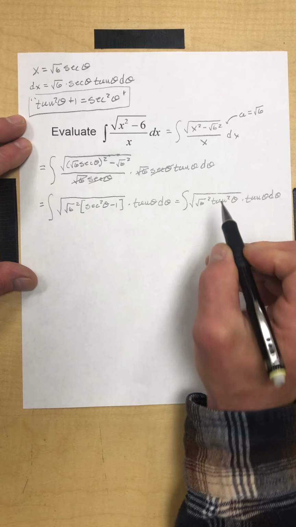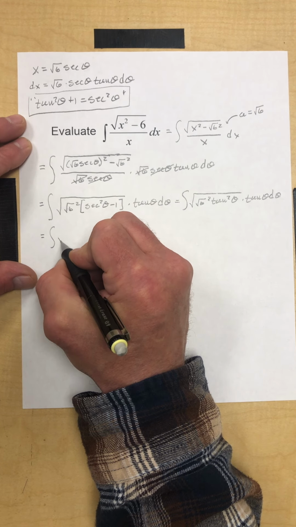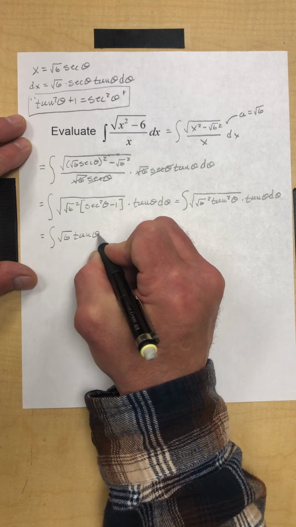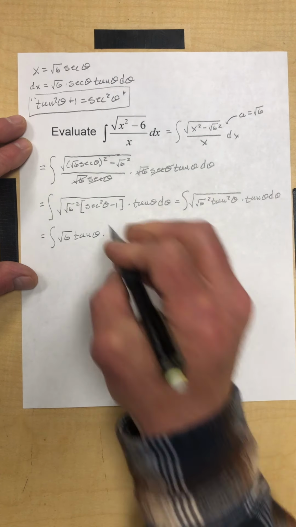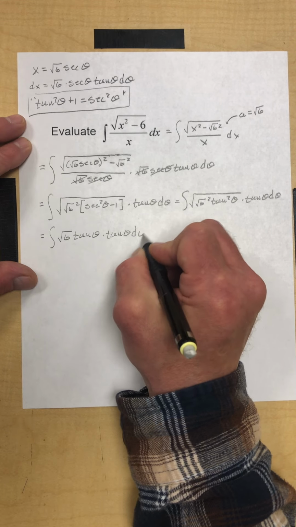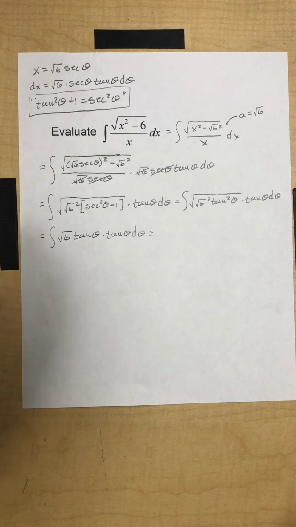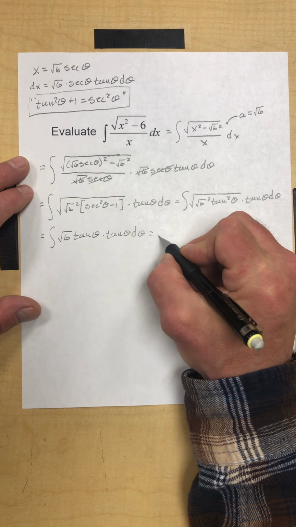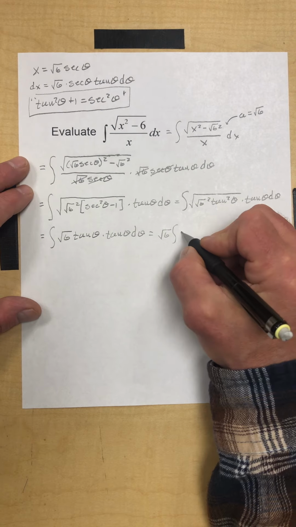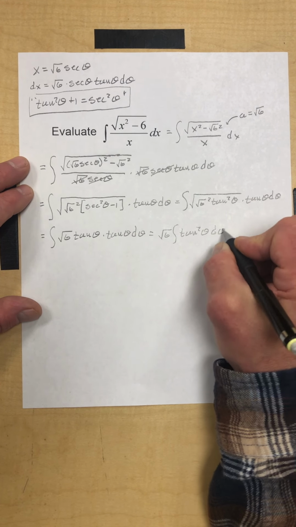Okay, so this radicand is a perfect square, so we take the square root, and I have radical 6 tangent of theta, and then I have this tangent theta d theta. I have a radical 6, which is a constant multiplier, so I'll just stick that guy out front. And then tangent times tangent, obviously, is tangent squared d theta.